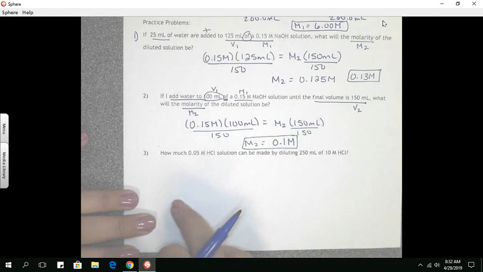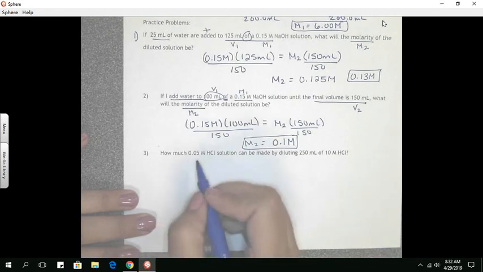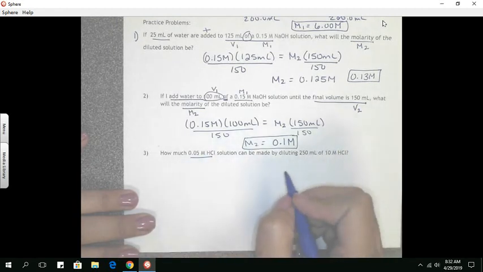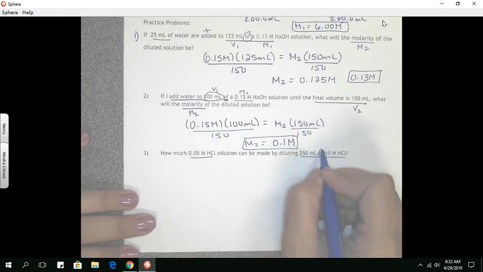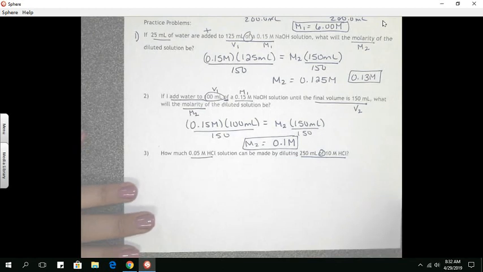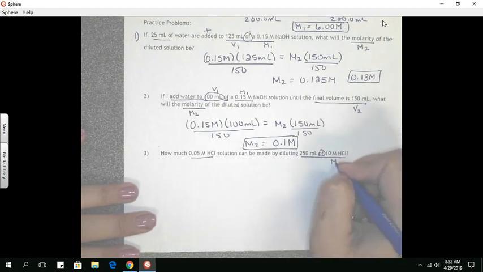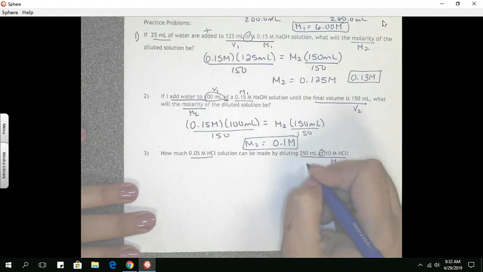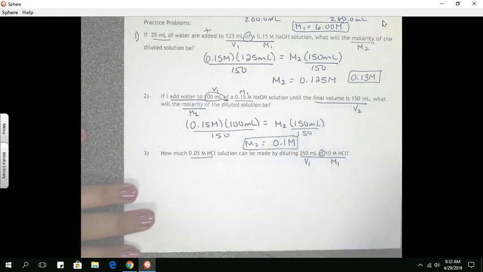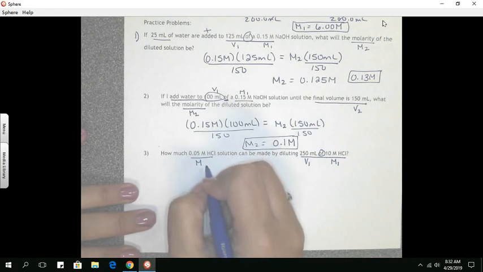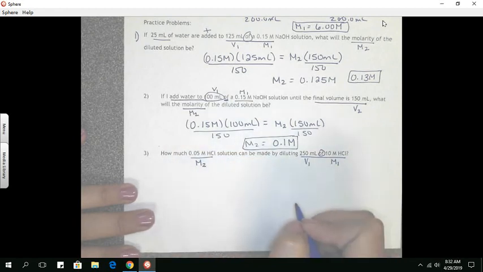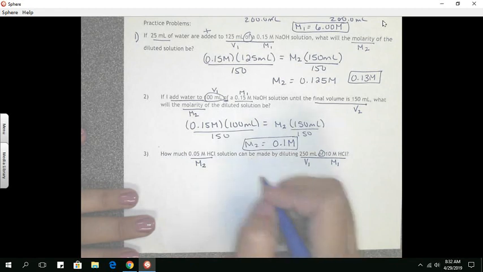How much 0.05 molar hydrochloric acid solution can be made by diluting 250 milliliters of a 10 molar solution? So again, our initial concentration is 10, our initial volume is 250, our final concentration is 0.05, and what we want to know is our final volume.